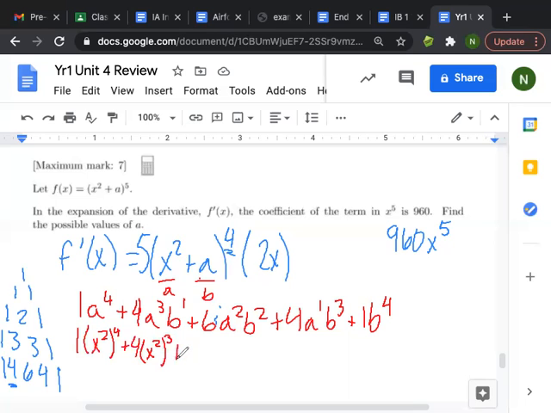And then A, plus 6 times x squared squared times A squared, plus 4 x squared A cubed, plus A to the 4th. Now, all of this you could also do by multiplying out all of the terms. This is just the shortcut to get there faster.